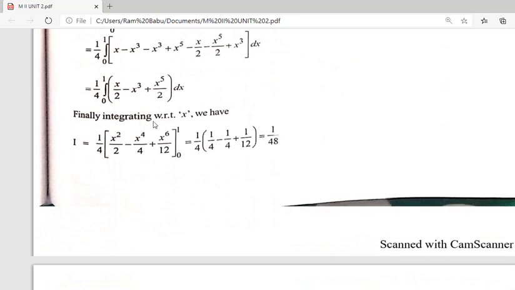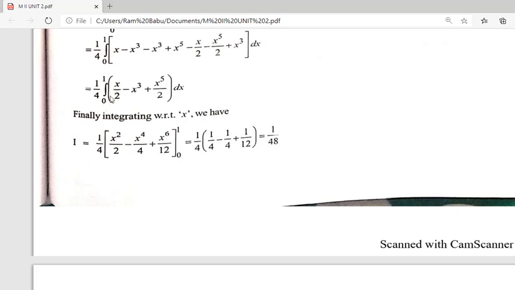Finally integrating with respect to x, we have the integral value of x is x square by 2, into 2, x square by 4, minus x power of 4 by 4, plus x power of 5 by 2 into 5, x power of 6 by 2 into 6, 12.